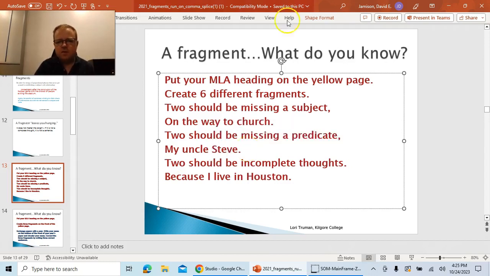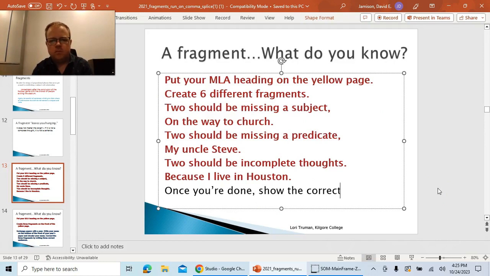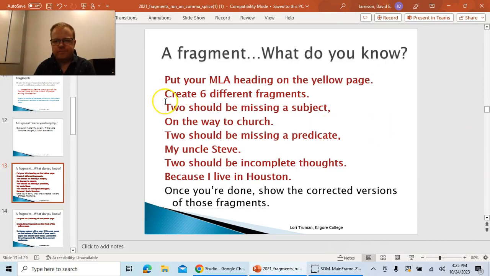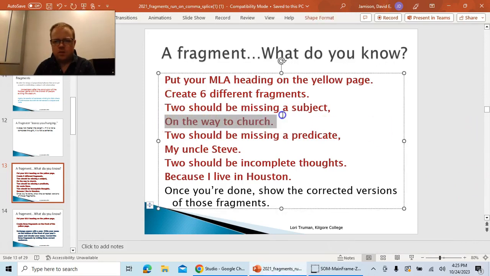Capitalize Steve. Then, once you're done with that, you need to show the corrected versions of those. So, on the way to church, I bought McDonald's.